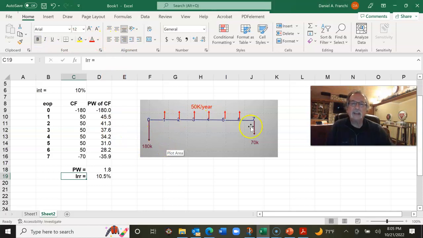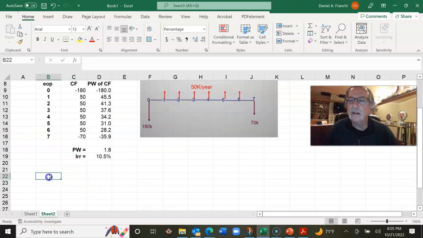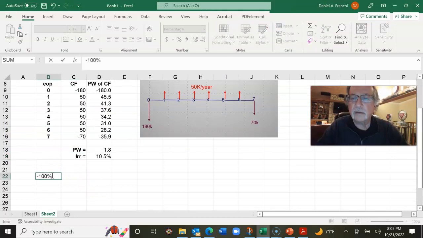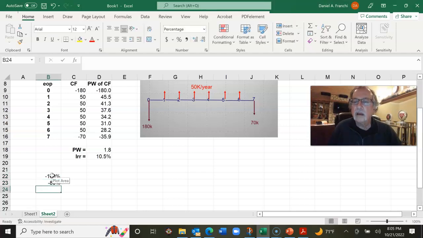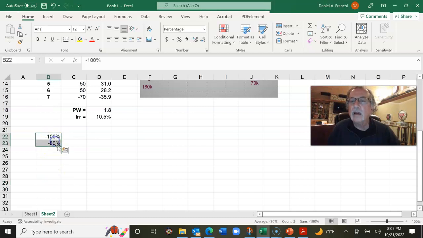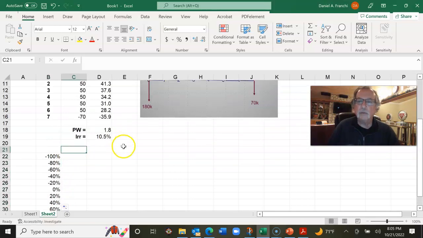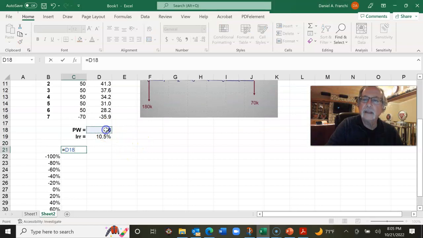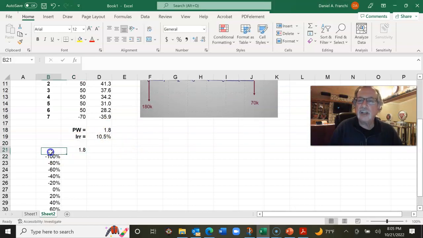But we have two sign changes, so we could have two routes. So let's plot this over the range of -100% to +100%. So -100%, and I'm going to do increments of 20%. And what we want to do is plot the present worth, and we're going to generate a data table.